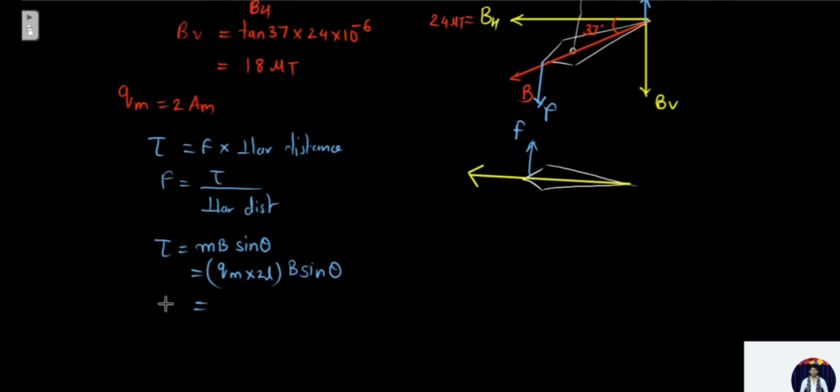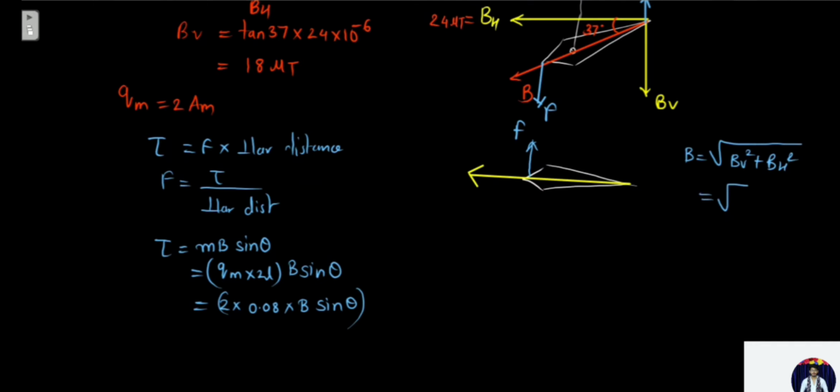So Qm is told to us as 2, dipole length is given to us as 8 centimeter, that is 0.08 meters, into B, which is also not known to us, into sine of theta. So B also we need to find out over here. So B will be the total magnetic field. How will we find out? Using vector addition. So square root of BV square plus BH square.